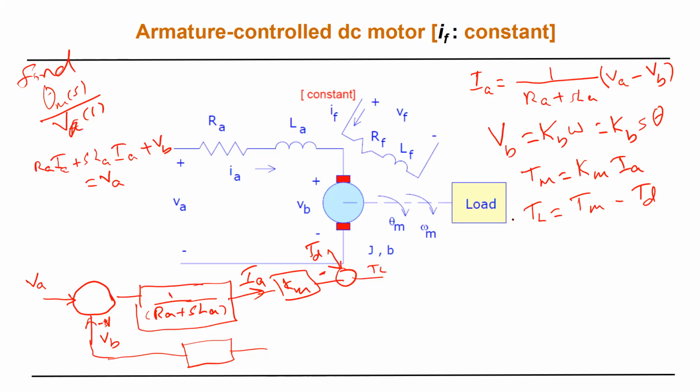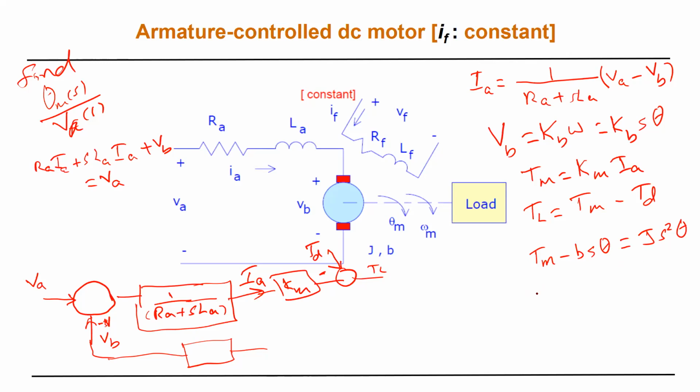TL, let's apply it to the mechanical Newton's law, the moment of inertia. So TL minus B S theta equal to J S square theta. Now let me solve for theta in here.